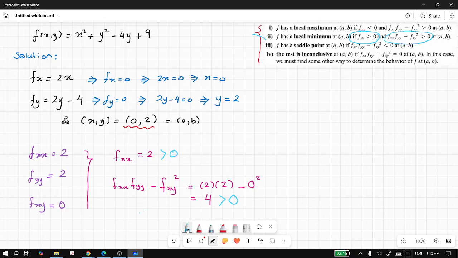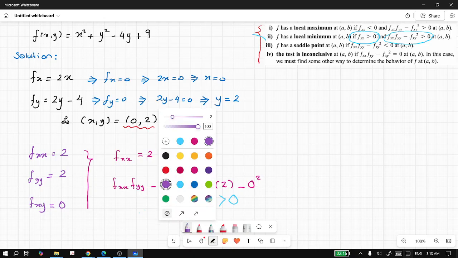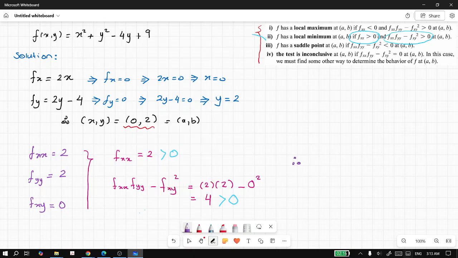So we say that the critical number that we have got, (0, 2), is a local minimum. So that's how we are using this test for checking whether a critical number is a local max, local min, or a saddle point.